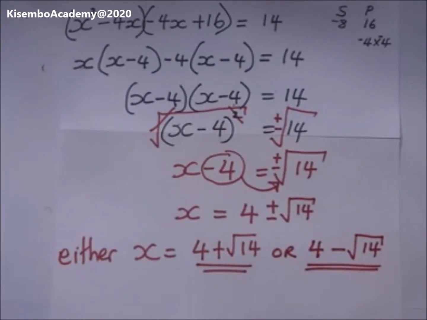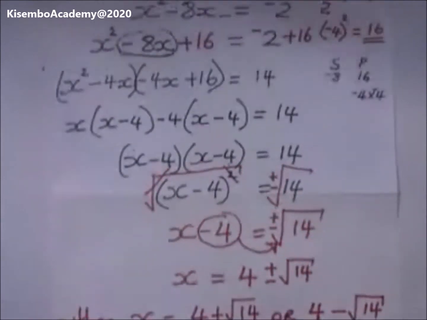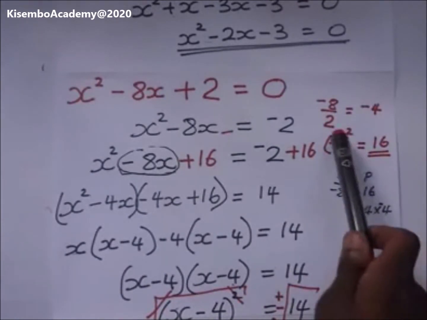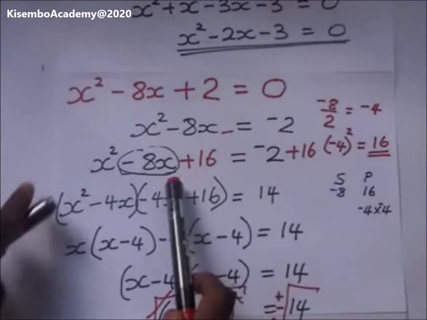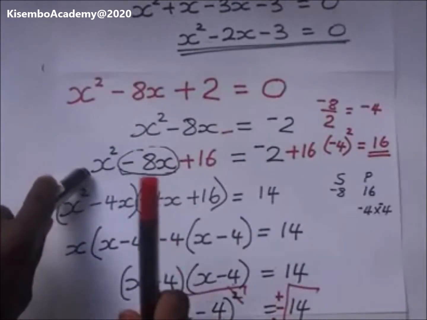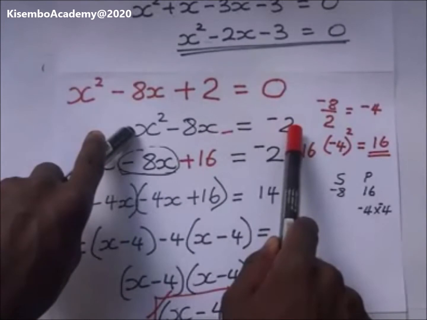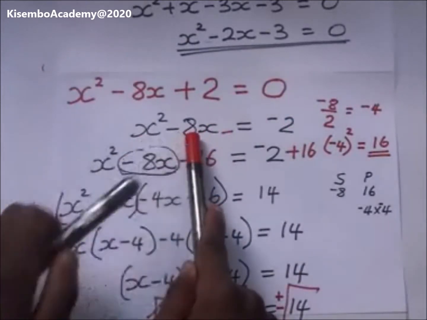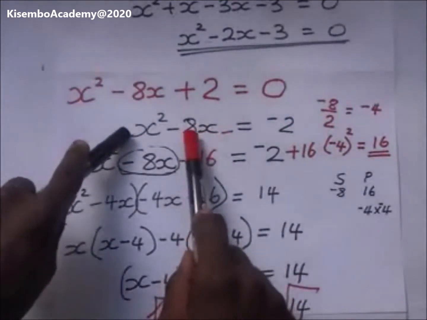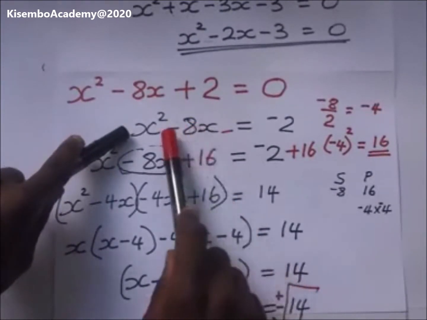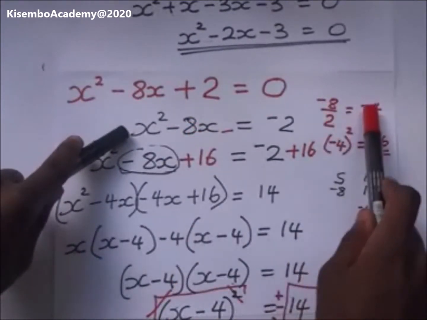Now from this you will notice that when we are trying to complete squares so that we make this side of the equation a perfect square, after we've shifted this negative 2 to this side and we are remaining with negative 8, when we divide negative 8 by 2 we get negative 4.